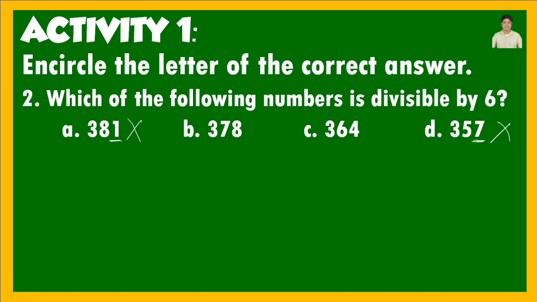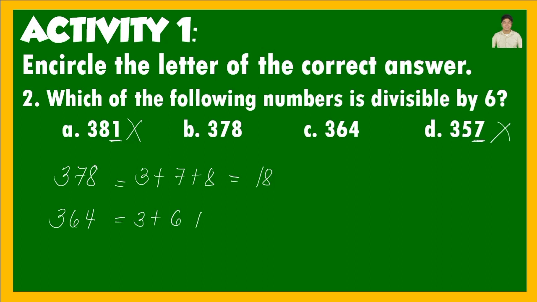So, sulat natin, 378 saka 364. So, add natin 3 plus 7 plus 8. We'll have 18. Next, 3 plus 6 plus 4 will have 13. So, sa dalawang sum na nakuha natin, alin dyan yung divisible by 3?